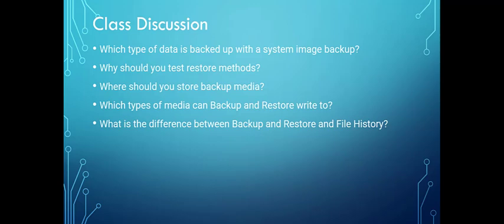Why should you test restore methods? Where should you store backup media? Which types of media can you back up and restore to? And what is the difference between Backup and Restore and File History?